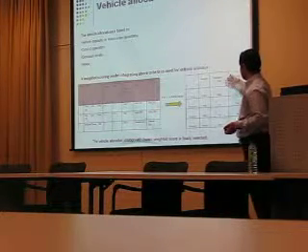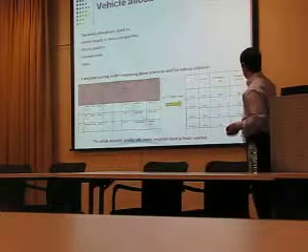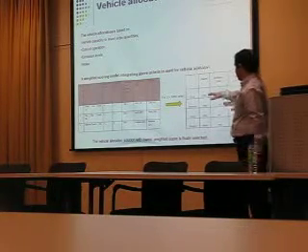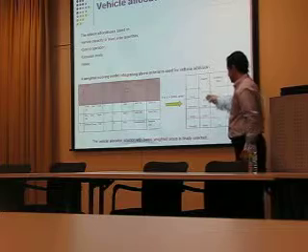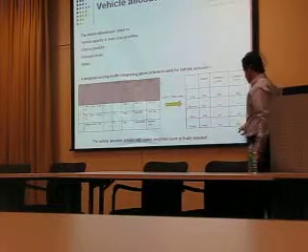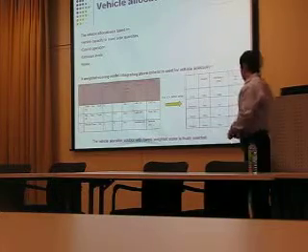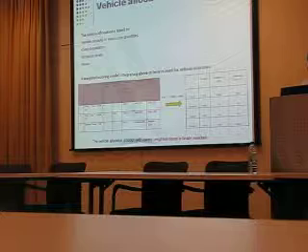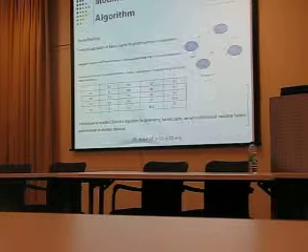Solution number 1 is 2 medium trucks, and solution number 2 is 1 big truck and 1 small truck. By calculating the different factors, cost, emission, and noise, we can see that solution number 2 has a better result compared to the first one. So we use solution number 2 as the vehicle allocation.